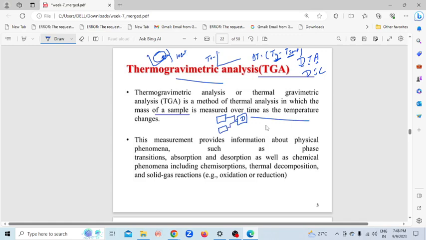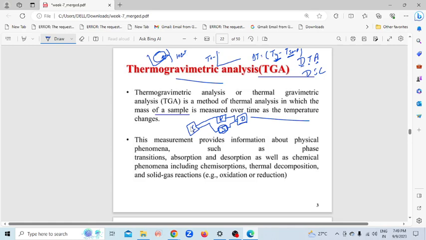Are you able to see the detector? Suppose these are the two slots, and this is the detector. Here you are putting reference R, and here you are putting sample. So this detector will quantify how much heat is provided by the furnace, and how much heat is taken by the sample. If the sample is decomposing, then how much temperature is changing.